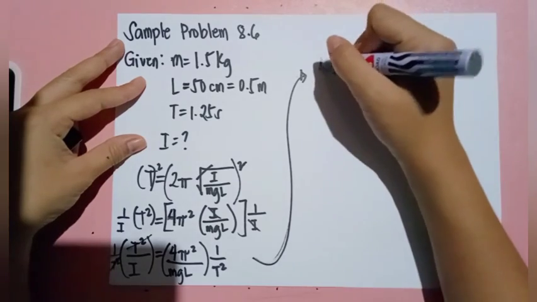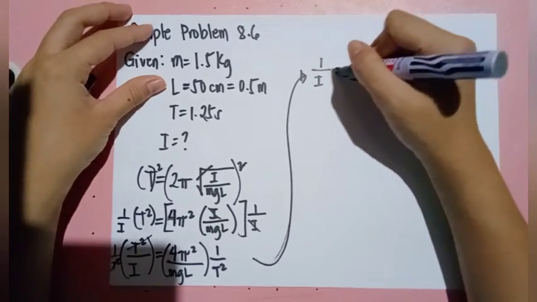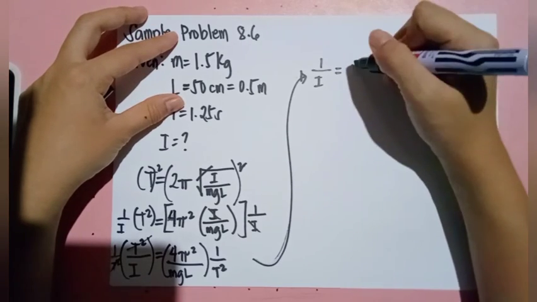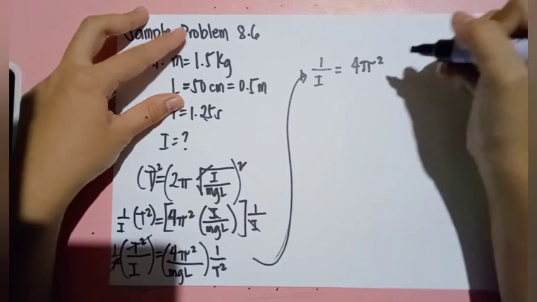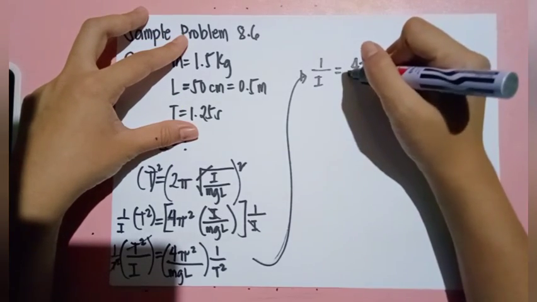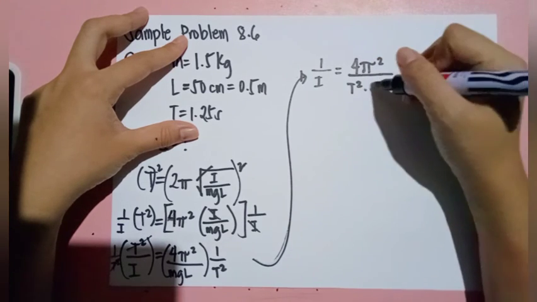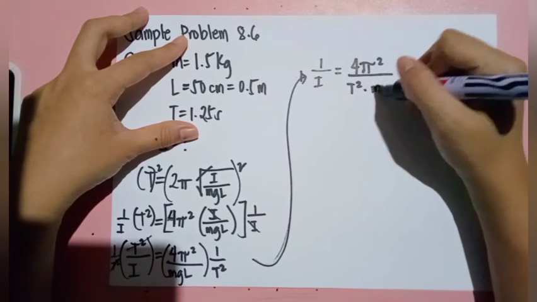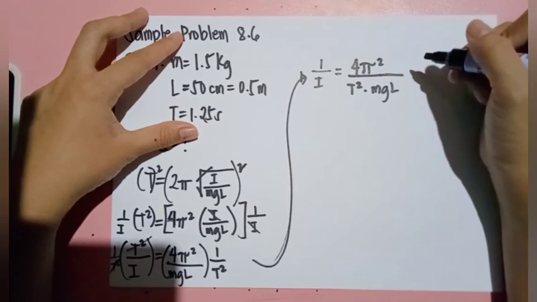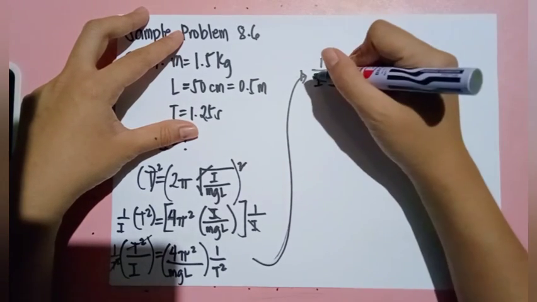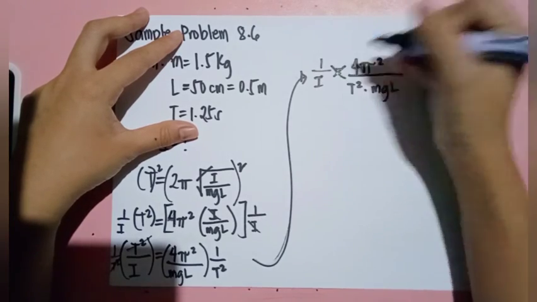Okay, so it will become 1 over I equals 4 pi squared over T squared times mgl. So we have to cross multiply this.